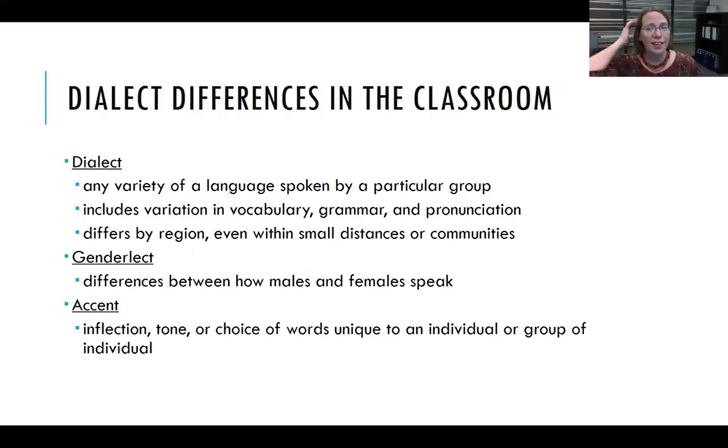And so it is interesting how those differences develop. And then accents, which is a different concept from dialect, it's pronunciation. So it's inflection, tone, or choice of words unique to an individual or group of individuals. So different term, somewhat related.